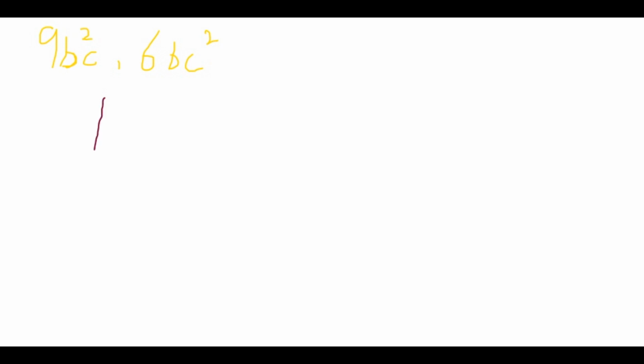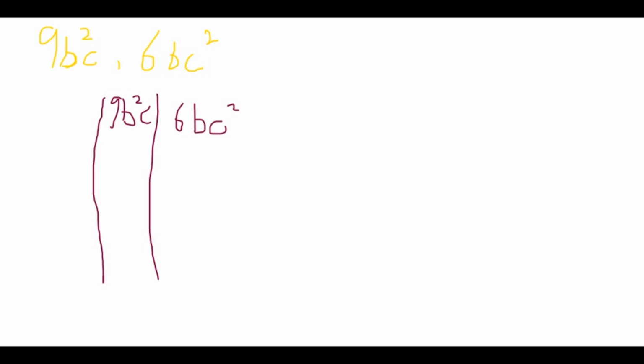So first, like always, we draw the table and write the figures inside: 9b squared c and 6bc squared. And now, since there are letters and numbers involved, we are going to divide by the smallest prime number, which is 2.